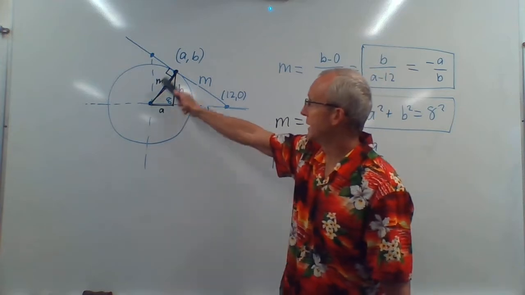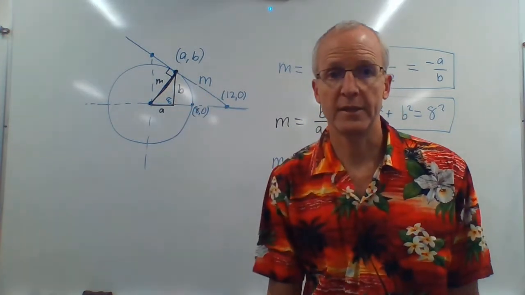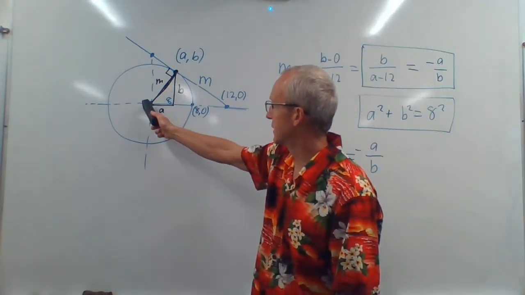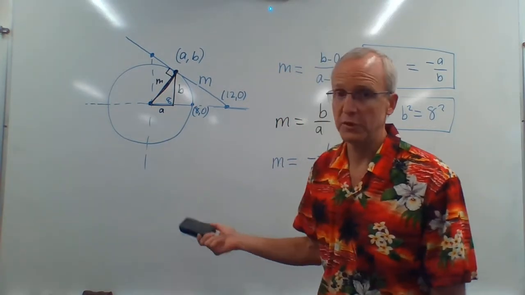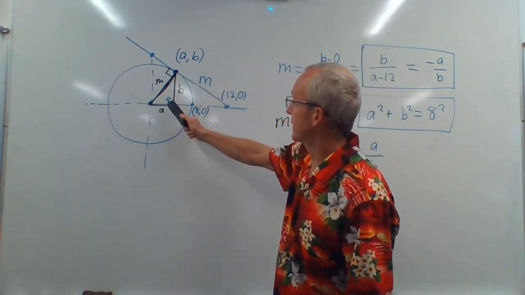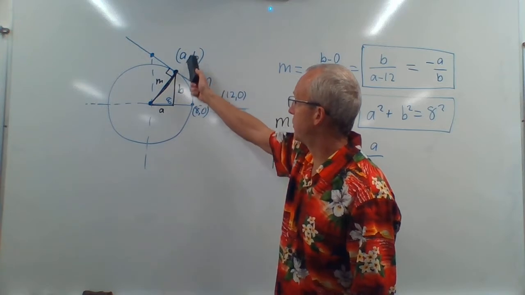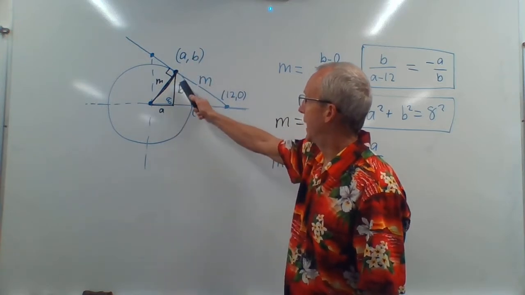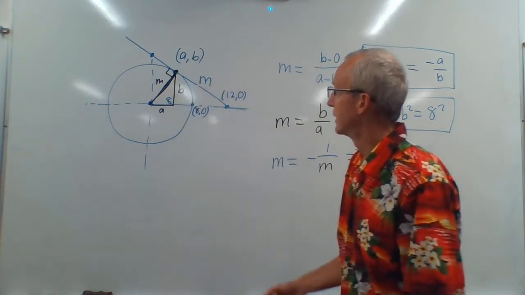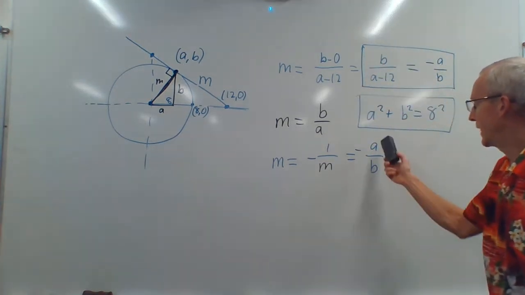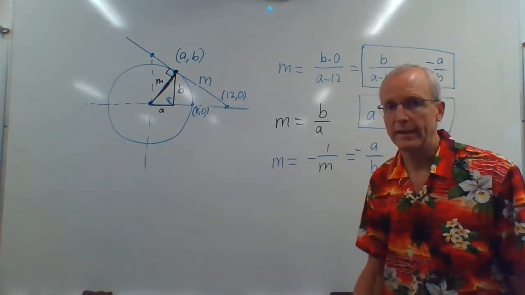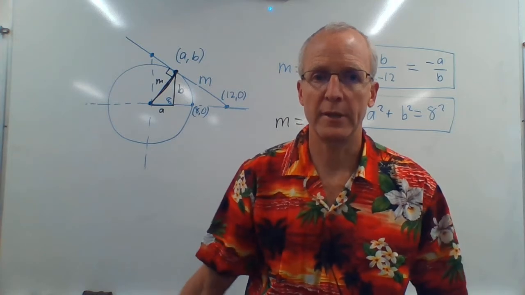And then we know the perpendicular line. It's a circle. We always put the center at the origin. You don't have to, but it's easiest. Then we know the perpendicular line is B over A, and that's negative, which means the blue line is negative A over B. And now we get our two equations, a very common thing.